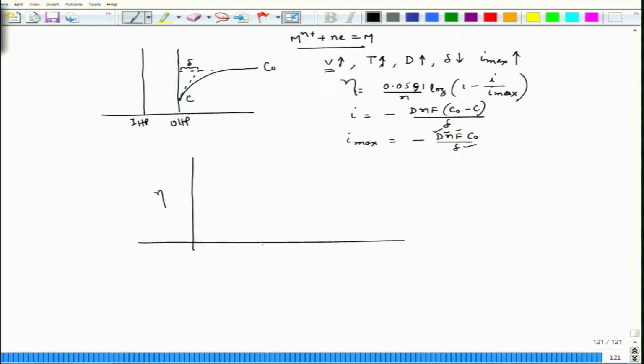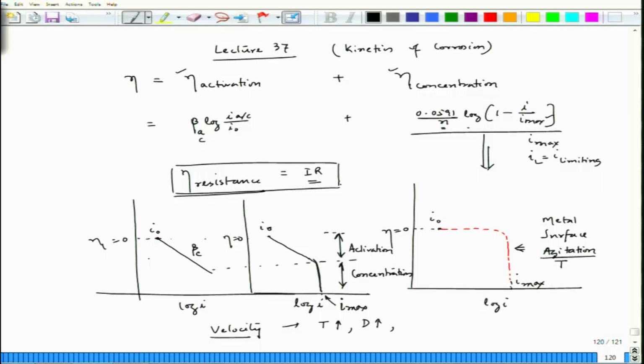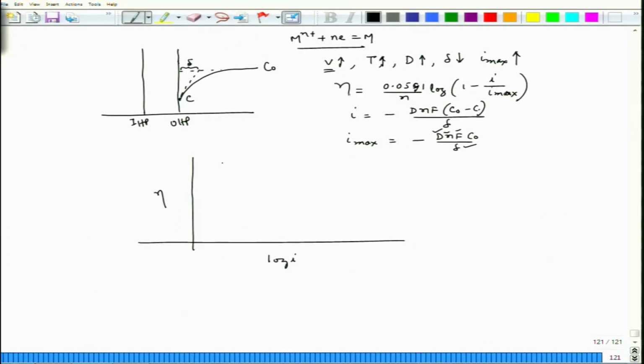Now, if I max increases, then I would also have a corresponding change in the polarization response. You could see the combination of those two situations, activation and concentration. Here, first it will go like this, which is the activation part, and then the concentration part would increase this particular polarization, which is cathodic side. This is I0 corresponding to eta equal to 0.